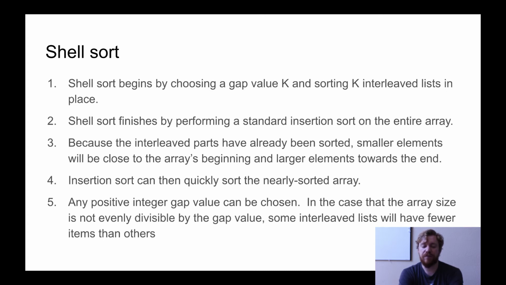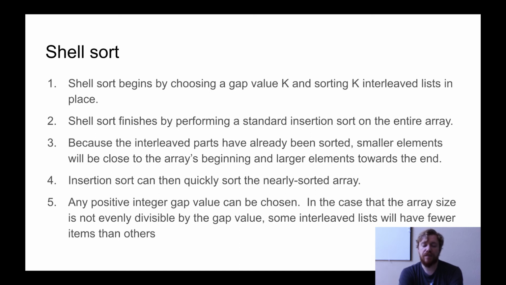Because the interleaved parts have already been sorted, the smaller elements will be close to the array's beginning and the larger elements towards the end. And then insertion sort can then quickly sort the nearly sorted array. And so the idea is sort the interleaved lists first, creating a nearly sorted array, and then apply insertion sort over the entire array. And because it's already nearly sorted now, it'll be very efficient.